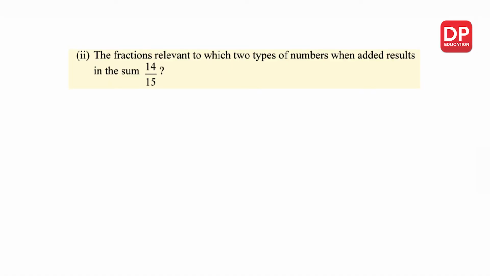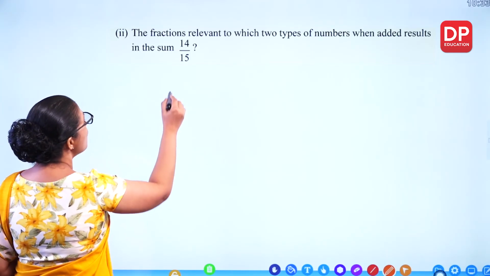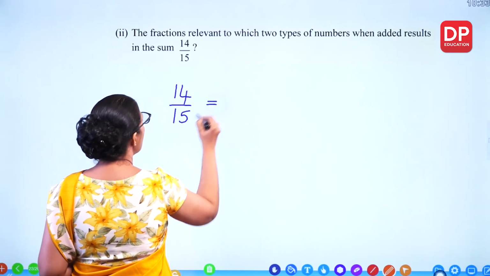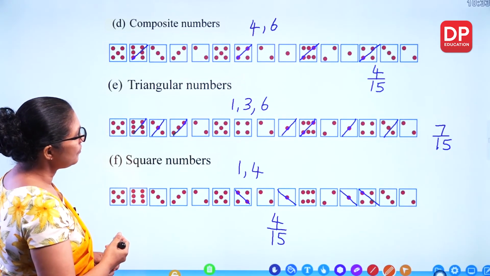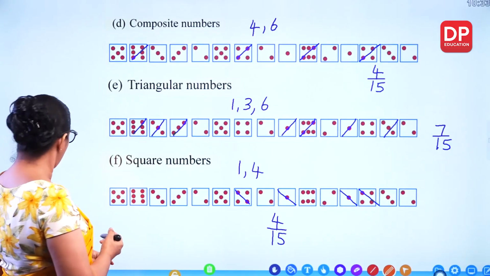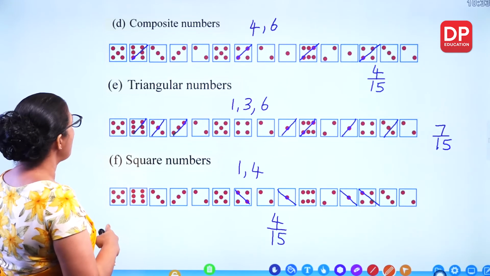The fractions relevant to which two types of numbers when added results in the sum 14 over 15? We'll see how you get 14 as the numerator. 7 is there. That's triangular numbers.